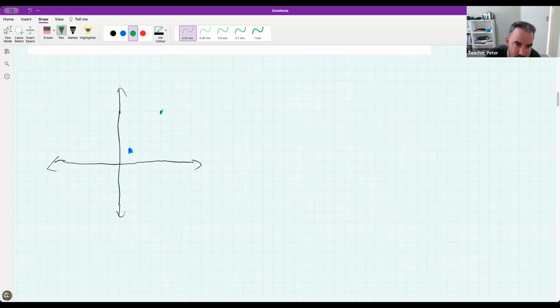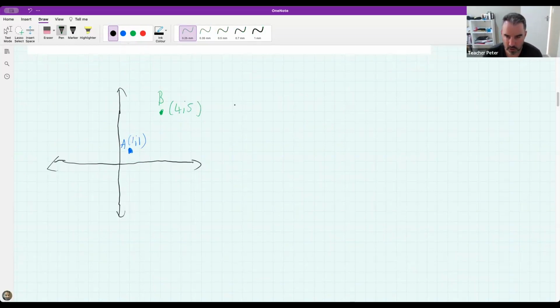We'll call this point A and we'll call this point B. And what's more, I can see on my grid, the point A is 1, 1. And the point B is 1, 2, 3, 4 across, 1, 2, 3, 4, 5 up. So the point 4, 5.